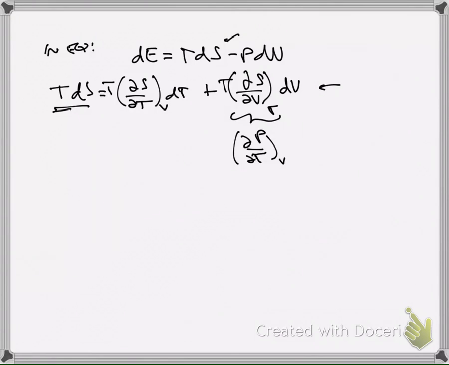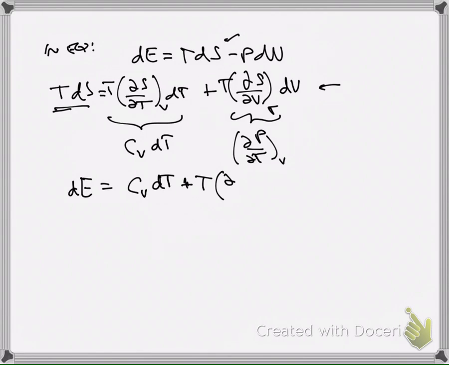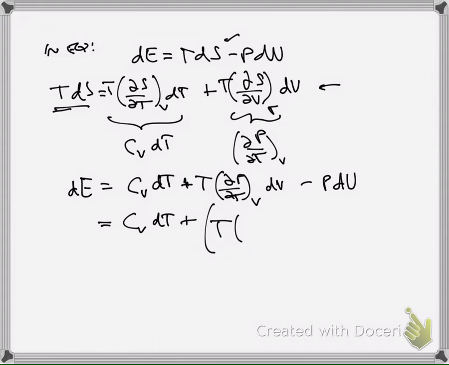So if we do that, we can then say dE equals CV dT plus T partial P partial T at constant volume dV minus P dV, right? I've just combined all of this stuff, and in fact, I can make it a little cleaner looking. I've got T partial P partial T at constant V minus P, all times dV.